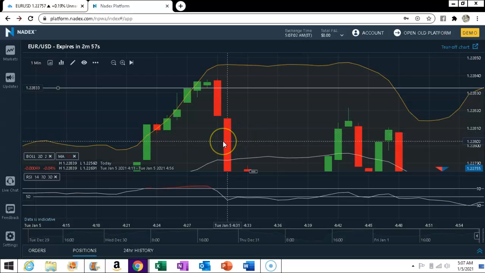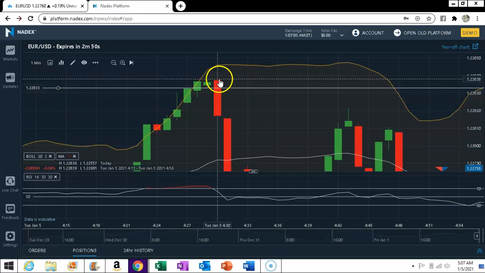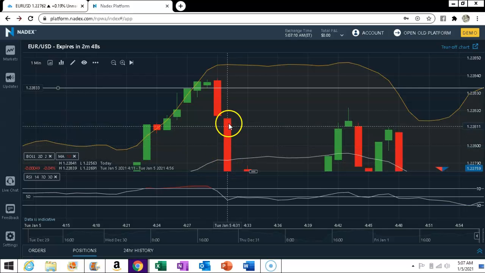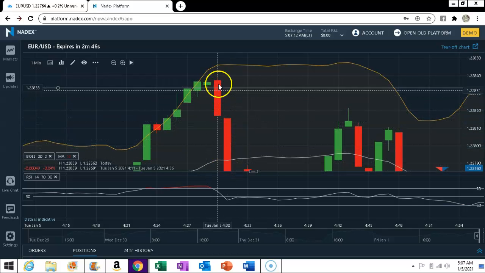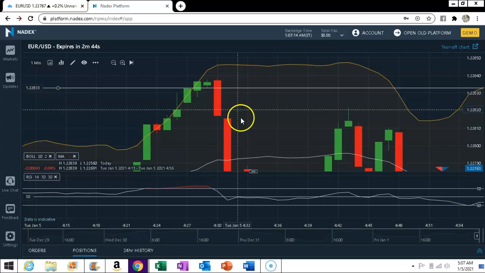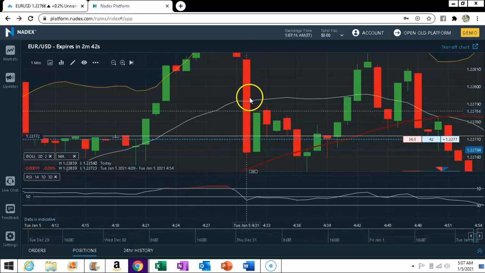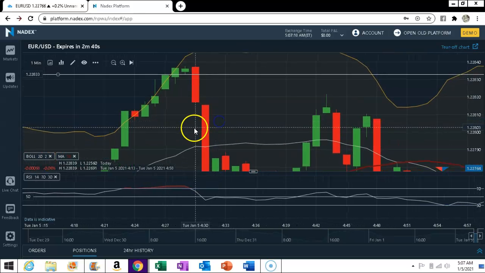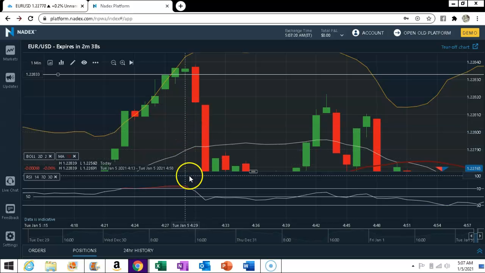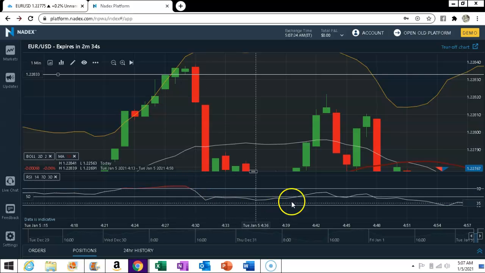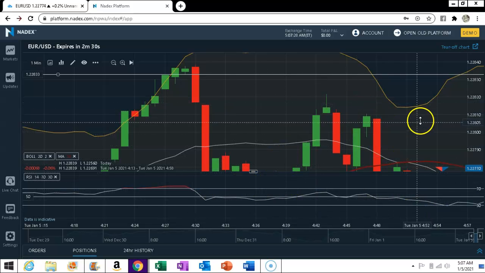It was like a profit of $46, right up in here. This was the candle that I took the trade on right here, and then this came all the way down. So that's why I use the RSI, because it will indicate to you when price is overbought or oversold.